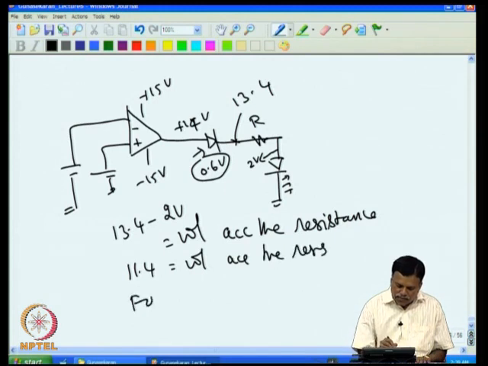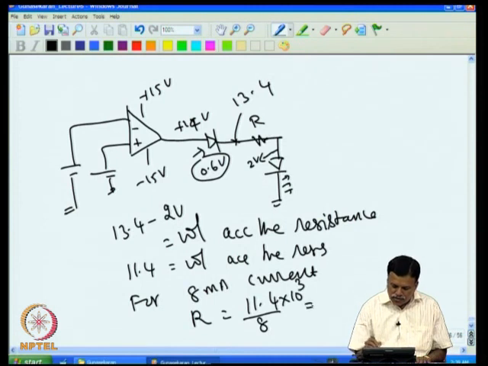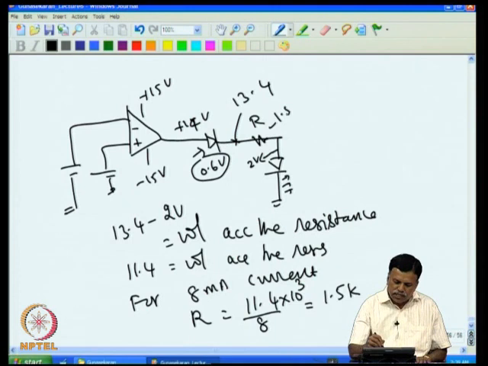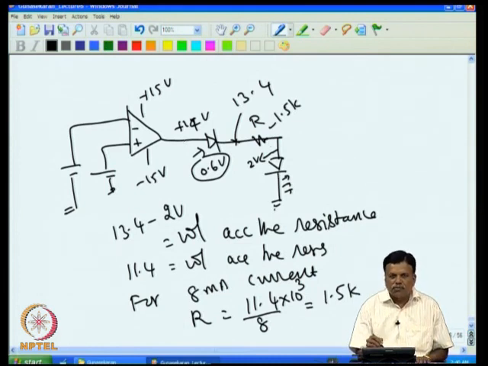So for 8 milliampere current, R will be 11.4 divided by 8 milliampere, that is roughly about 1.5 K. So with the 1.5 K resistance put here, whenever the heater is on, this will go plus 15 volt and the LED will glow with 8 milliampere current.